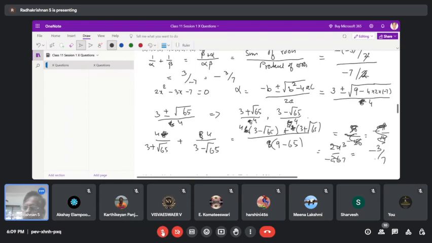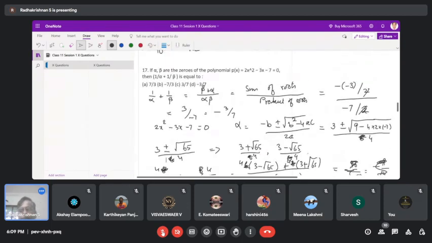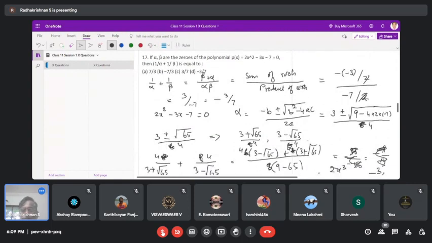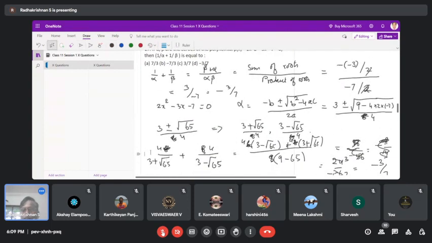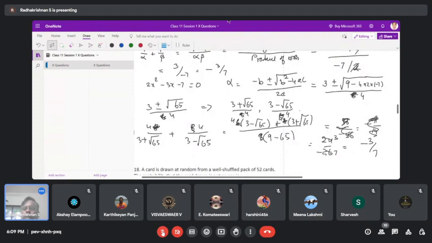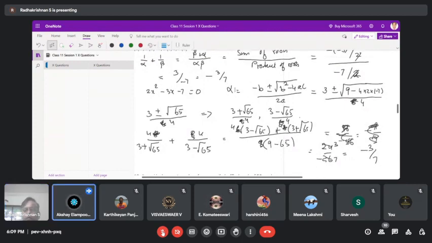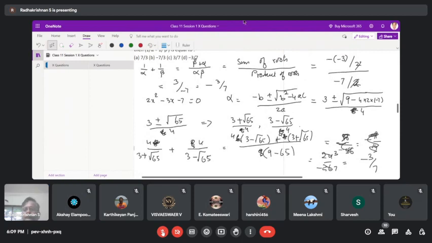Okay. So both approaches give the same answer. But which is easier? The first way to do it, sir. The sum of roots by product of roots. Yeah.